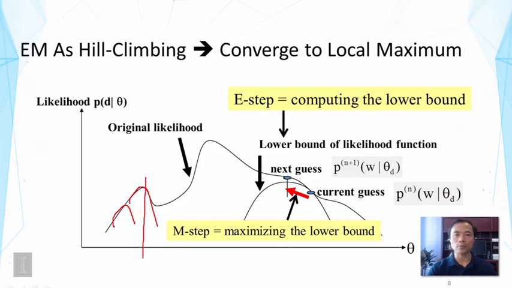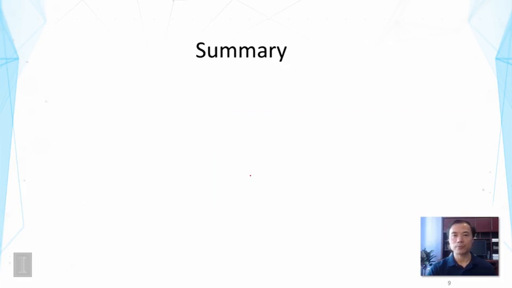So that's not optimal. And we'd like to climb up all the way to here. So the only way to climb up to here is to start from somewhere here or here, right? So in the EM algorithm, we generally would have to start from different points, or have some other way to determine a good initial starting point.